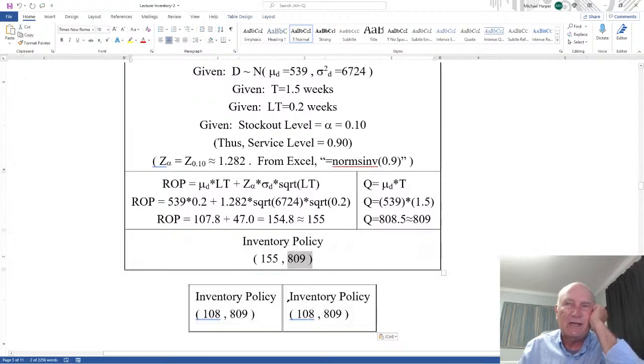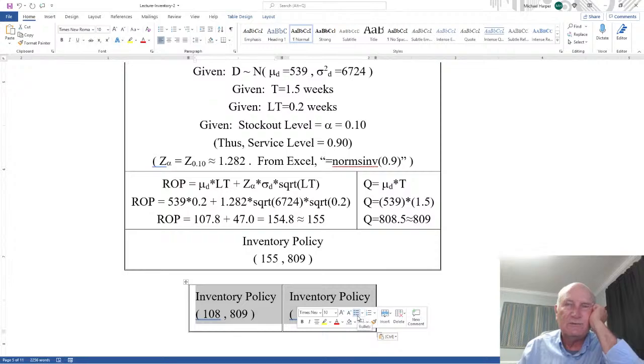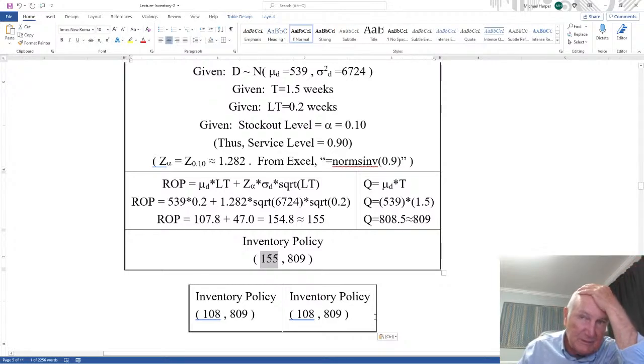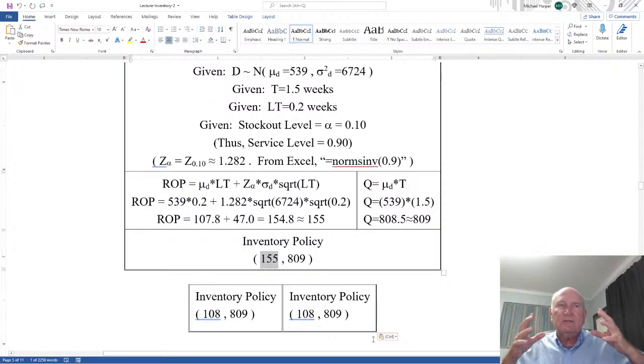It's the same as this, as this is a zero safety stock. Now the zero safety stock certainly is going to increase, but it increases because of your stockout level. So when you increase the stockout level, it's going to start increasing your safety stock from 108 to 155. But then what is it a function of?